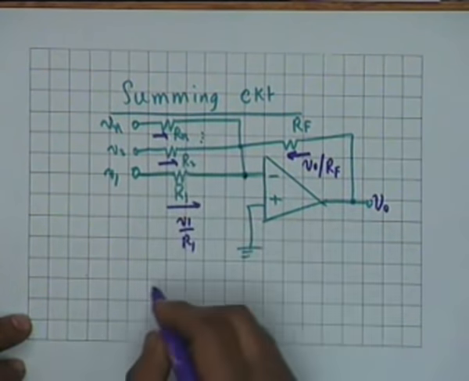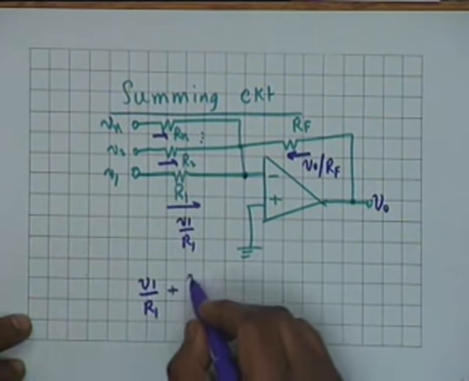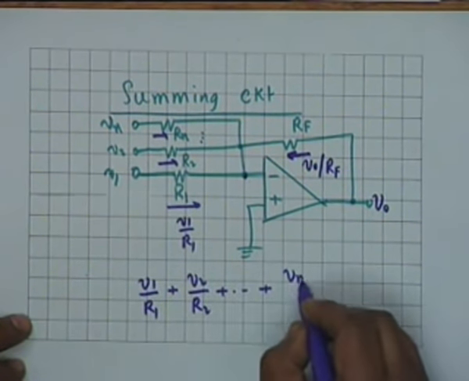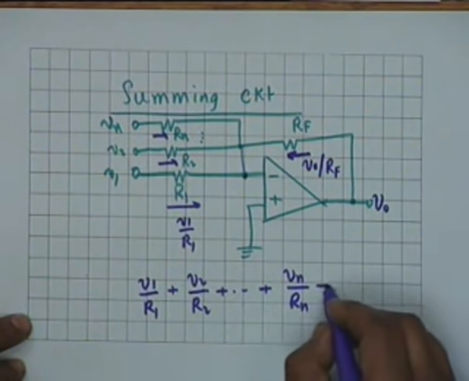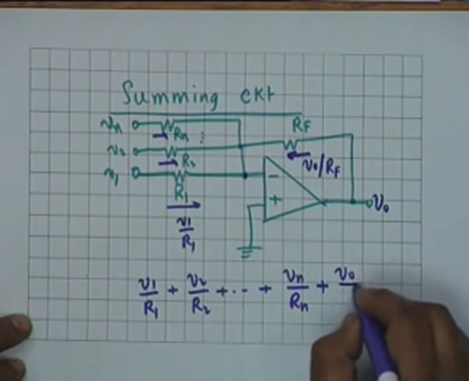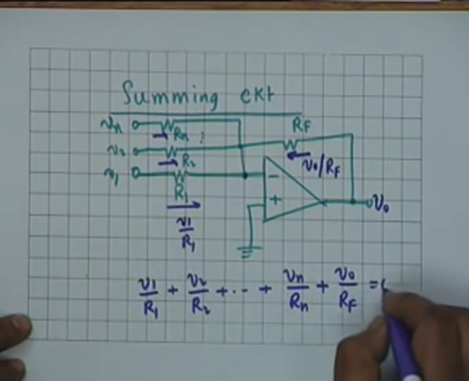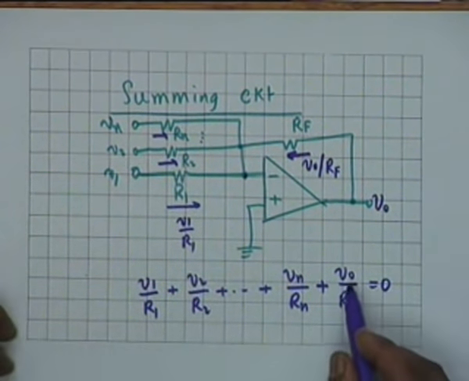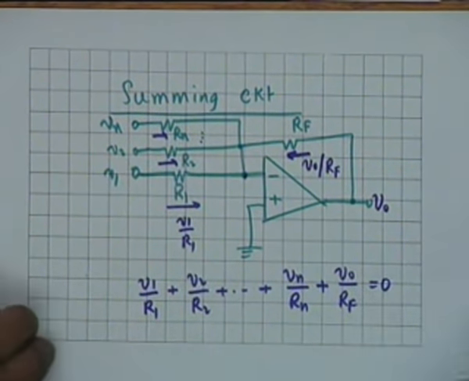Alright. And therefore, by KCL, V1 by R1 plus V2 by R2 plus etc. plus Vn divided by Rn plus V0 divided by Rf should be equal to 0, and therefore you can find out the value of V0, the output voltage.